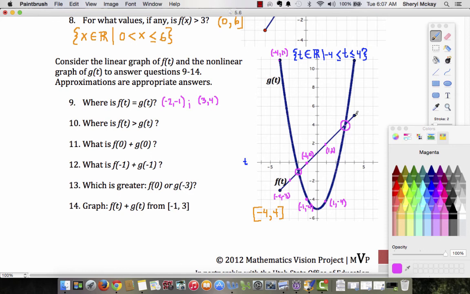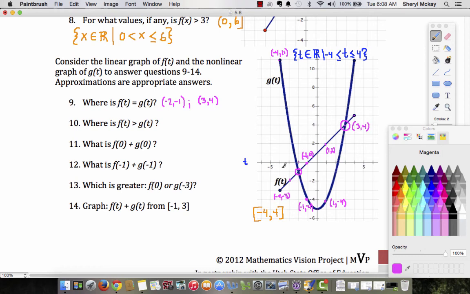Right here, when t is 3, f of t is 5, but g of t is 11. So it's this section right in here. It's between this point and this point, right? Because what did we say this point was? We said this was (3, 4).